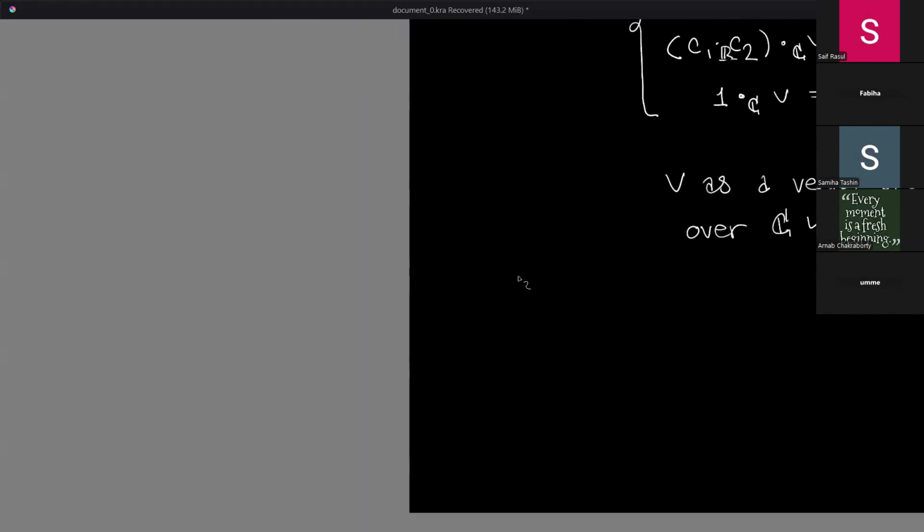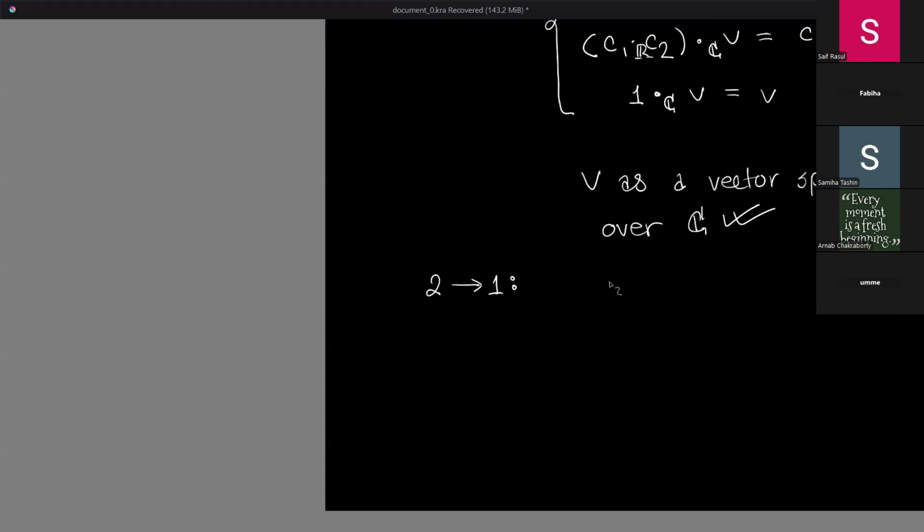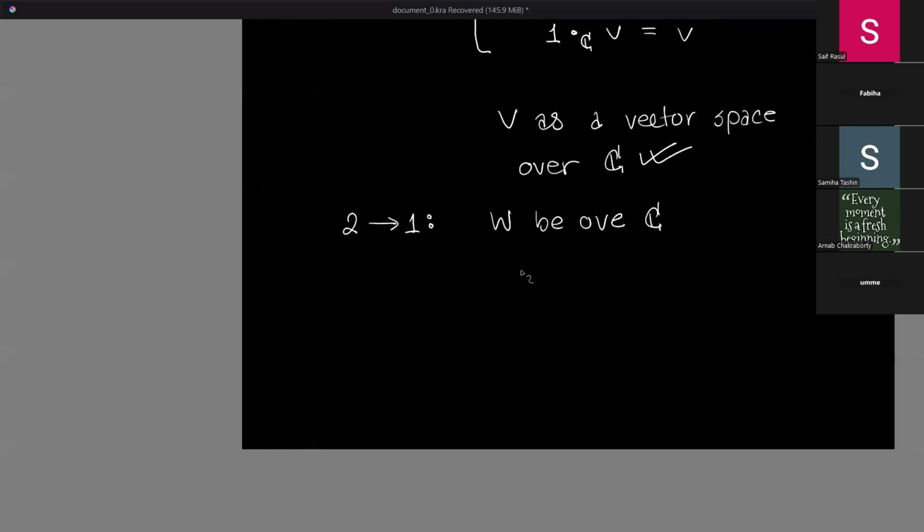So then we do it the other way around. What does it mean to do it the other way around? Well, first we say let W be over C. Then we have access to the complex scalar multiplication, but we don't have a complex structure J. So we say, okay, let J be a linear map such that J of W is equal to iW.